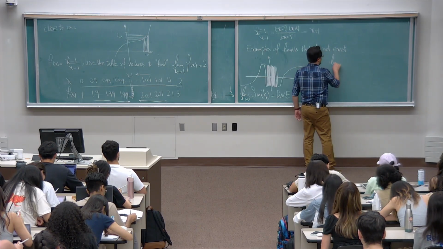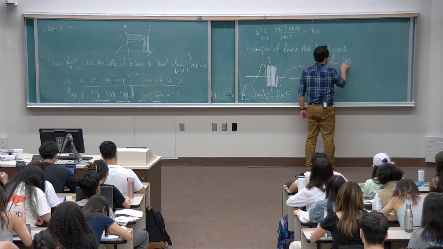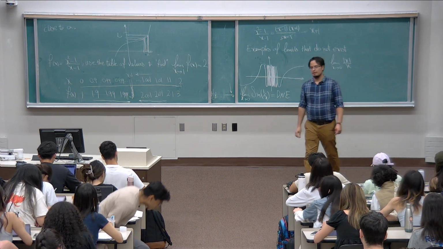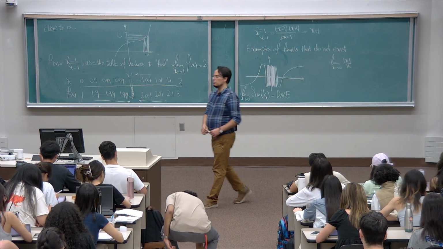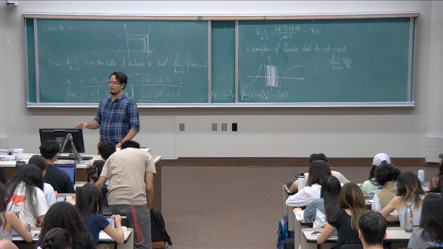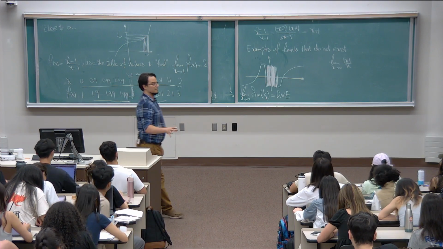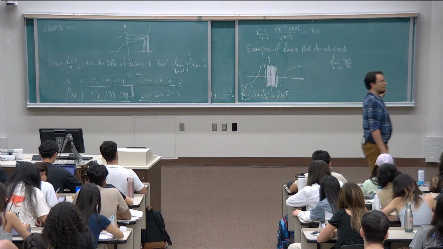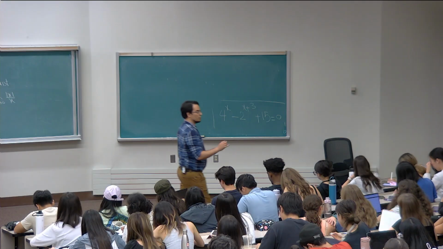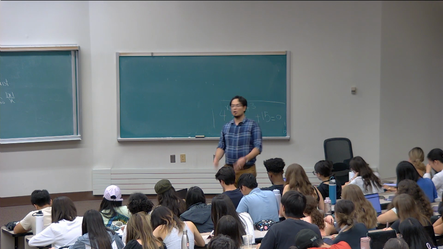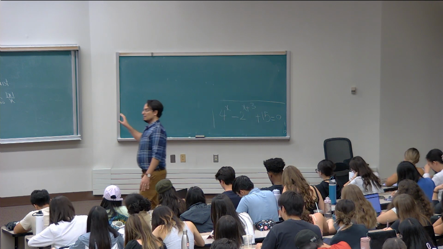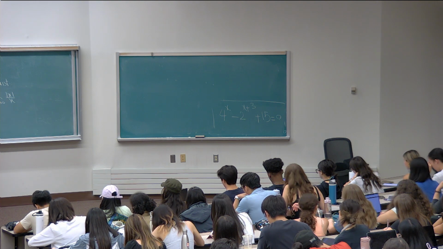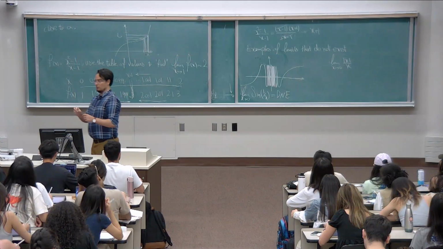Another example is this one. I will give you 1 minute. You probably need to talk to a friend sitting next to you. First, sketch the graph of that function, absolute value of x over x, and then try to see, based on the graph, if you can understand why the limit at 0 does not exist.